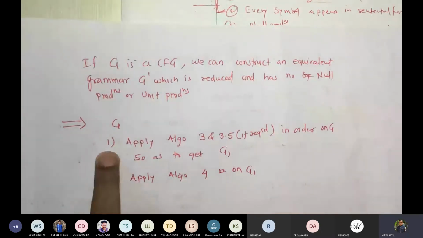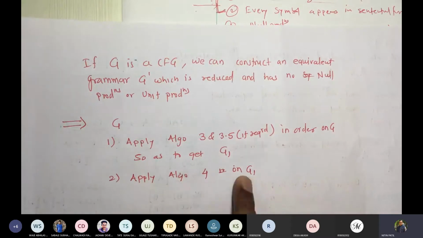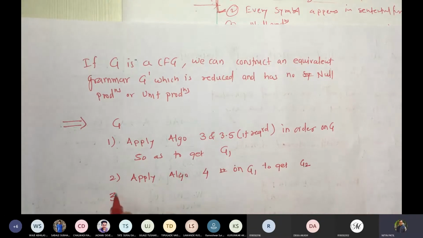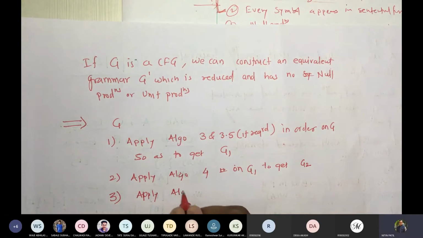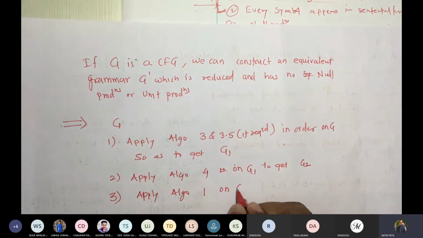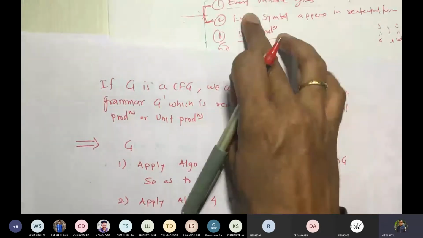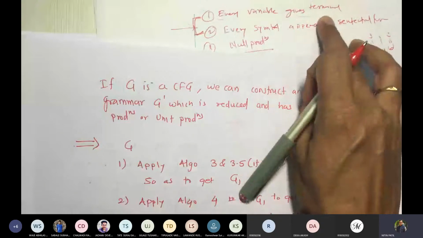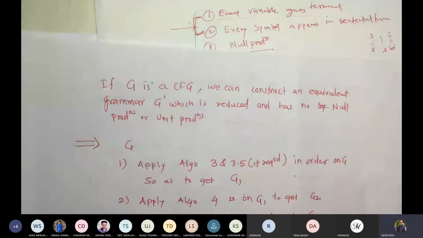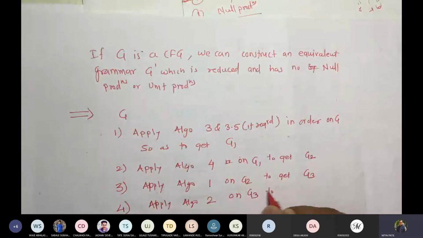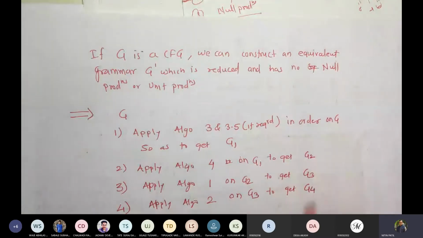Whatever grammar resulted from this step 1, you apply algorithm 4 on G1, and get G2. Fine. Third step, apply algorithm 1 on G2 to get G3. That means every variable gives terminals. Correct? And the fourth one, apply algorithm 2 on G3 to get the final grammar G4.